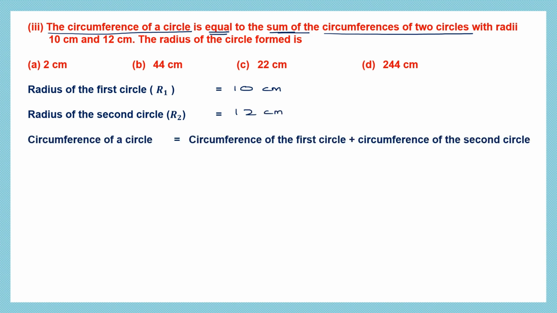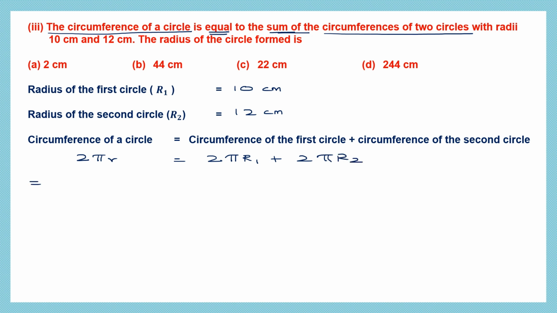Now, the circumference of this circle is equal to the circumference of the first circle plus the circumference of the second circle. So we're going to use the formula. The formula for the circumference of a circle is 2 pi r, and this is equal to the circumference of the first circle, 2 pi r1, plus 2 pi r2. Now let's substitute what we can.